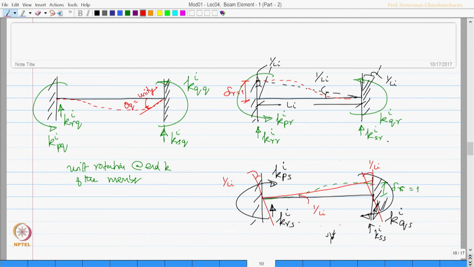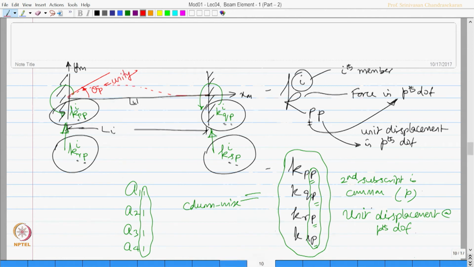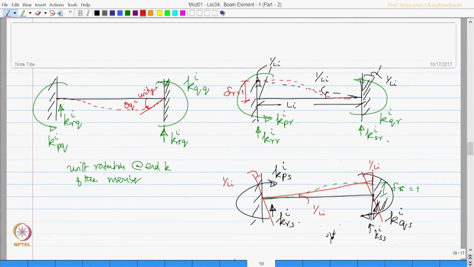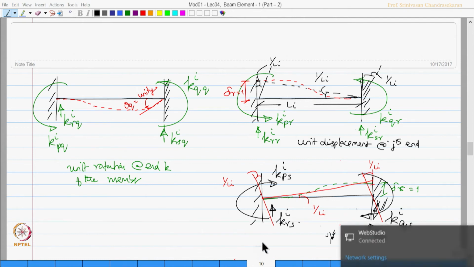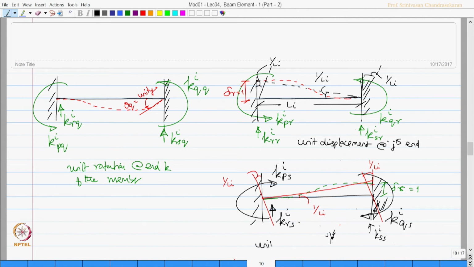Okay. So, for completion's sake, let us draw this figure also back here. So, this is unit rotation or unit displacement at jth end. This is unit displacement at kth end, and let us draw this figure for completion's sake in the same sketch and give unit rotation here.